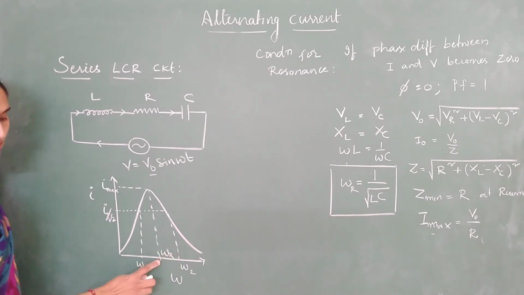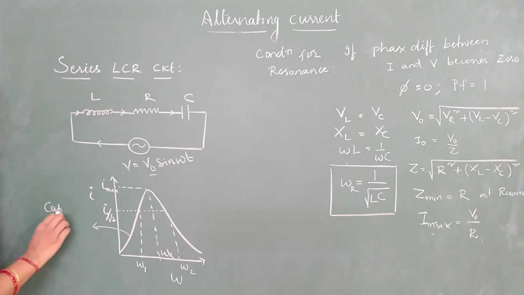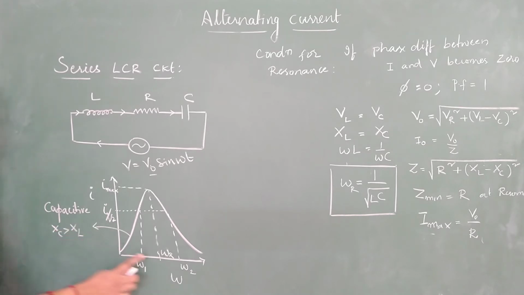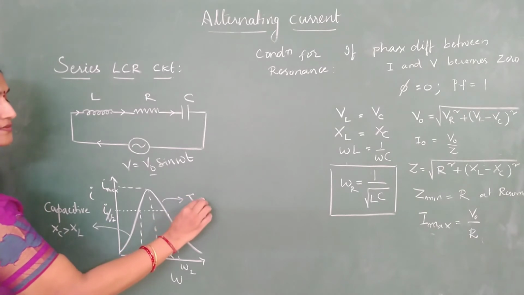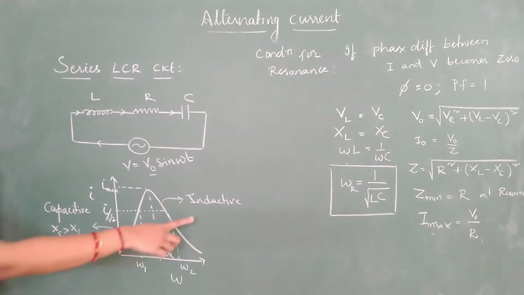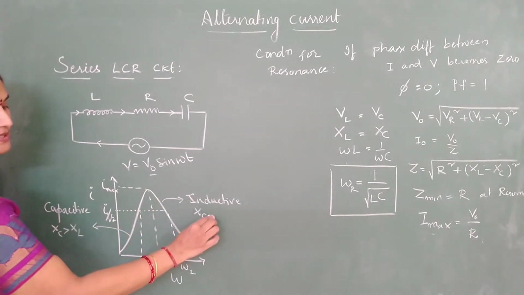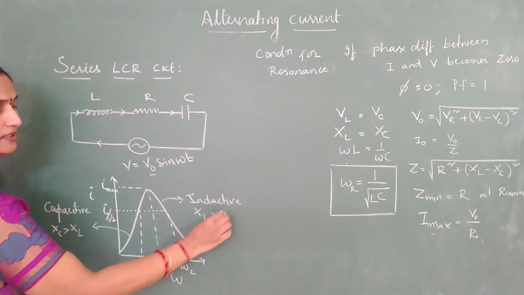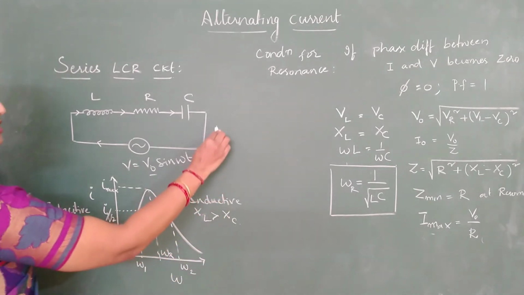For a frequency less than the resonating frequency, the circuit is capacitive because XC will be greater than XL. Higher than this, the circuit is inductive. The circuit will have an inductive nature dominant compared with capacitive nature for higher frequencies, since XL will be greater than XC. And for this circuit, we have already evaluated the bandwidth.